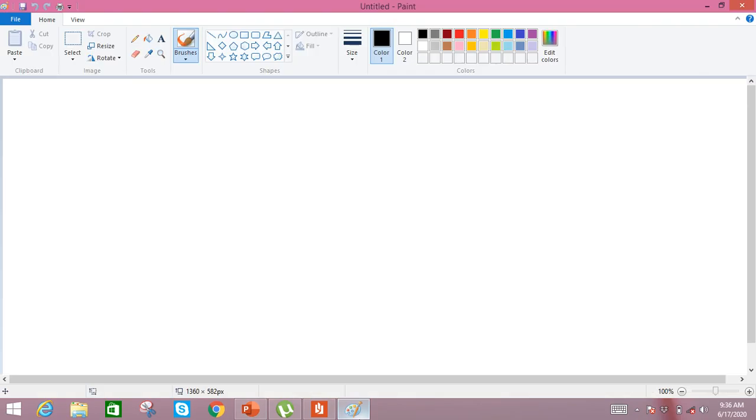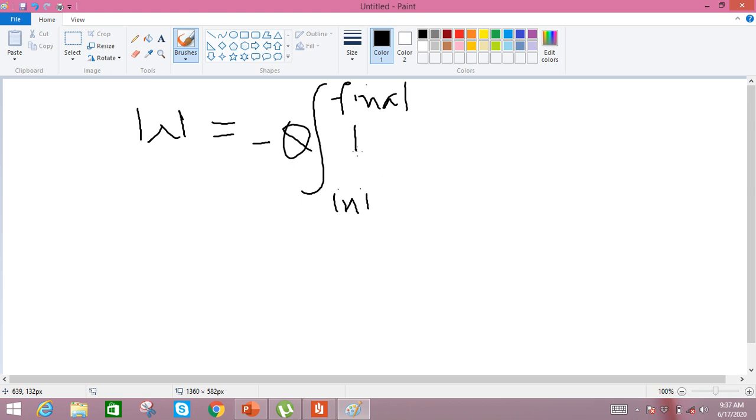As we know, the work done in moving a charge from some initial point to a final point is given by minus q E dot dl, where E is the electric field intensity vector and dl is the differential length vector.